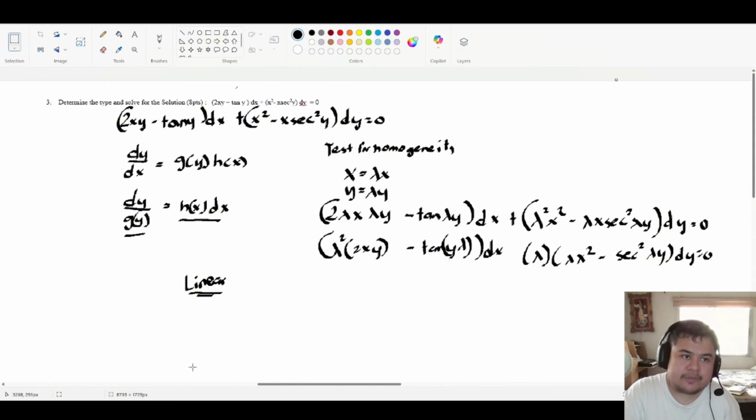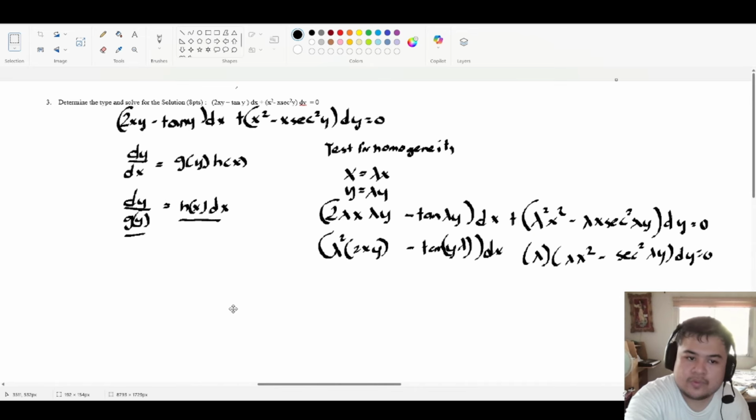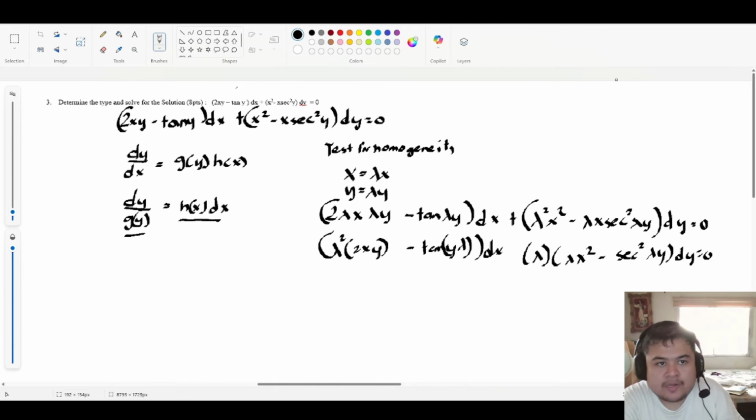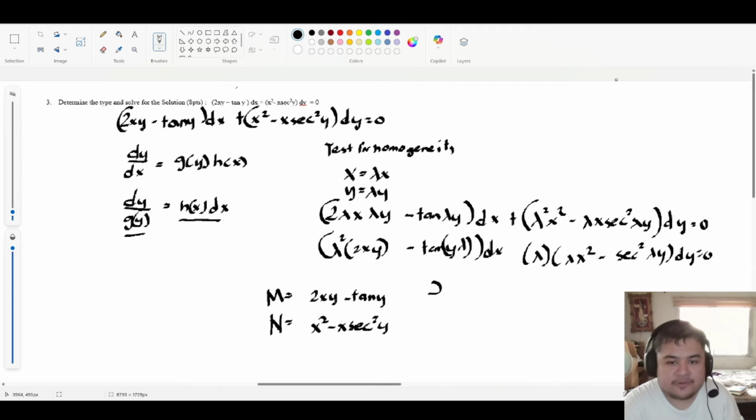So we're going to go to exact equations. We identify M, which is 2xy minus tangent y, and N is equal to x squared minus x secant squared y. Okay? And we differentiate M with respect to the opposite variable: M with respect to y, N with respect to x.